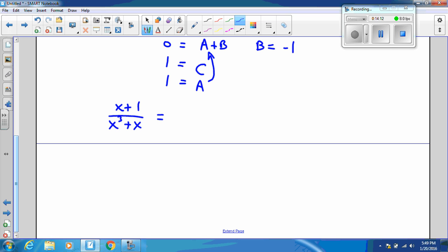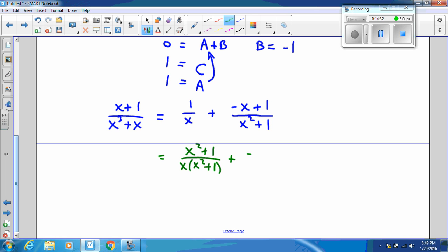I can now say that x plus 1 over x cubed plus x is going to be equal to a over x plus bx plus c over x squared plus 1. And of course I want to check it, and so I will, by the usual method of multiplying top and bottom by common denominators.